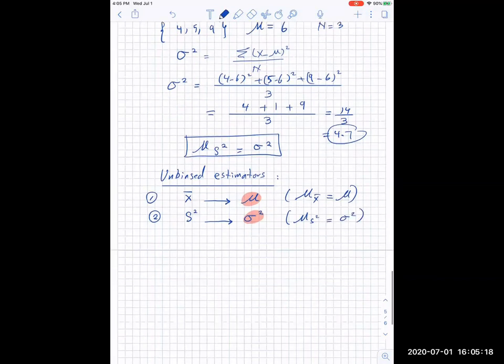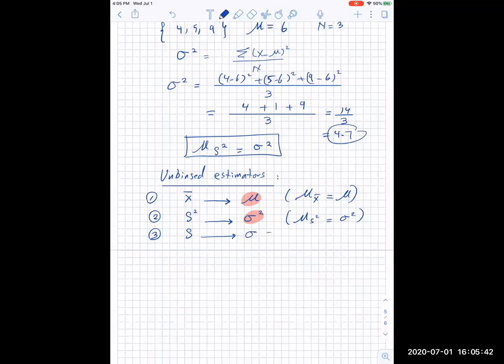Also, we can show, number 3, that with some restrictions, the sample standard deviation targets the population standard deviation.